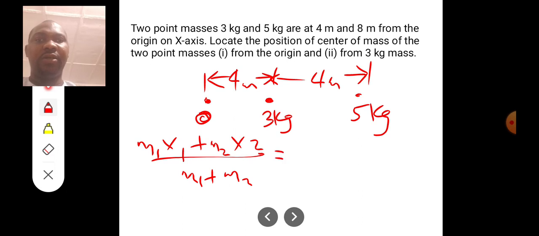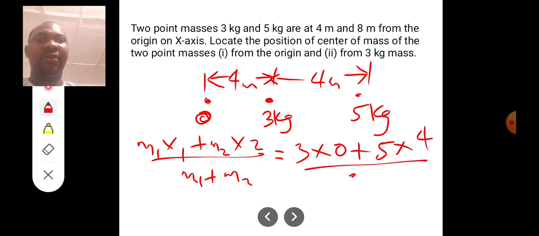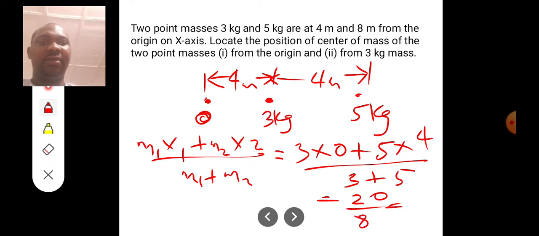So m1 is 3 times x1 which will be 0, since it is starting from the 3 kg mass, then plus m2 is 5 times x2, and x2 from here to the 3 kg is 4. So all over 3 plus 5. Everything here will give us 20 divided by 8, and that will give us 2.5.